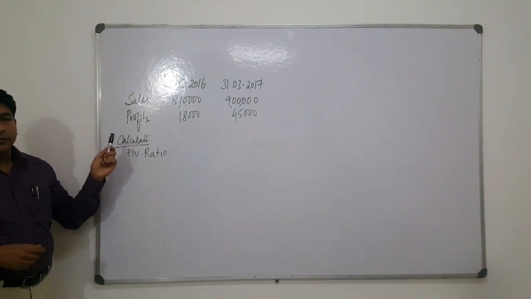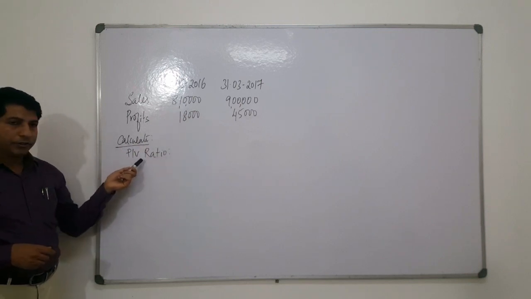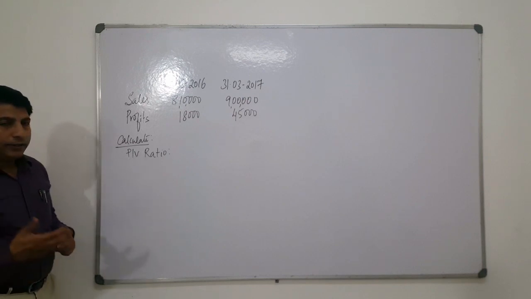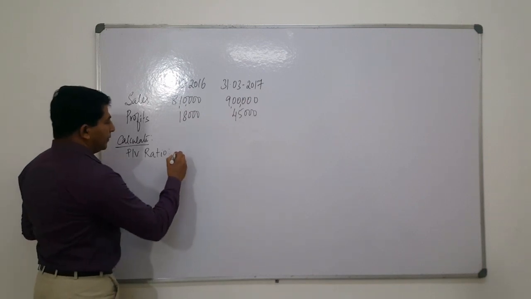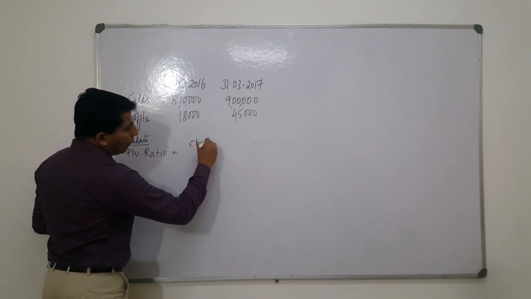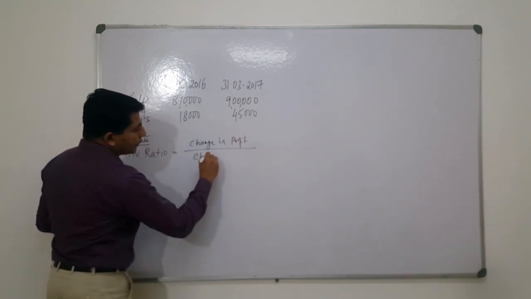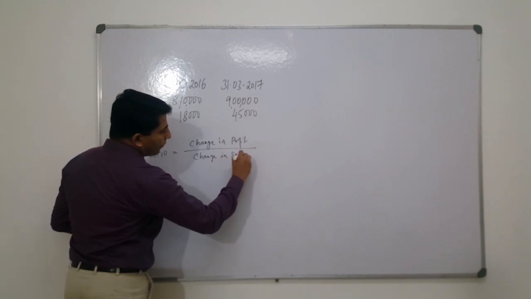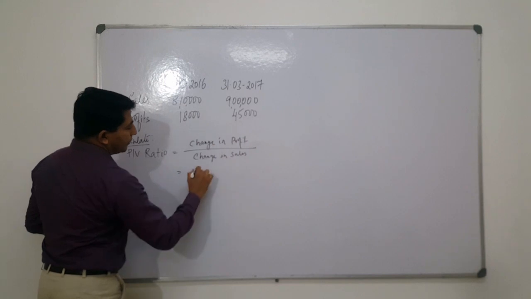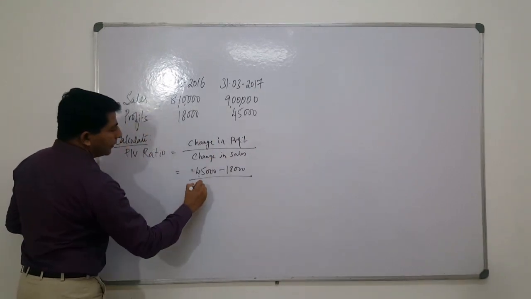In this question, the profits and sales of 2 years are given, and the question is asking to calculate the PV ratio. So we can calculate the PV ratio by comparing the profits with the sales. The formula for the calculation of PV ratio is change in profit by change in sales. Change in profit, that is 45,000 minus 18,000.